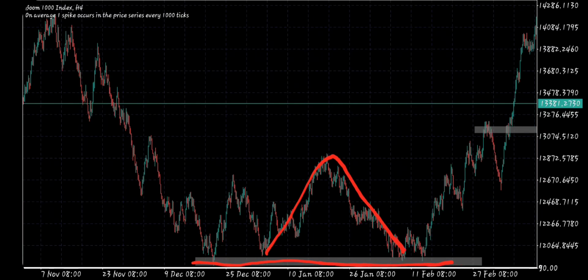It came down, moved up a bit, retested that support level, forming a double bottom, and then the new trend started, an uptrend. Can we see that? This is a very good example of a double bottom.